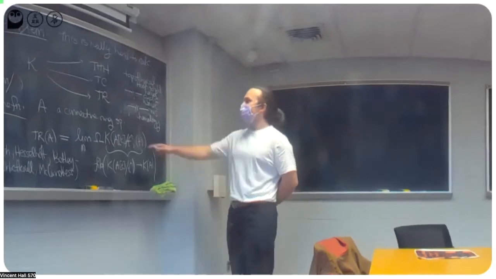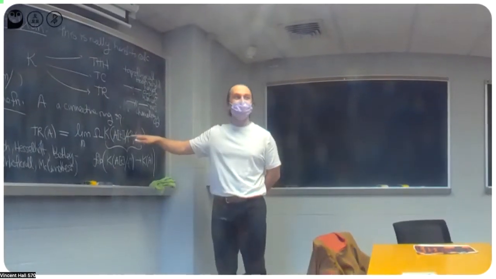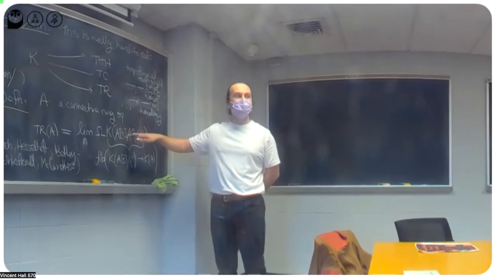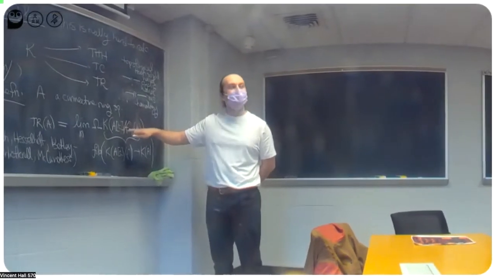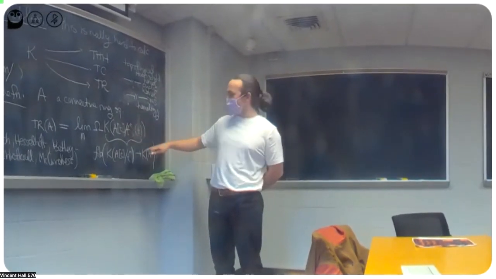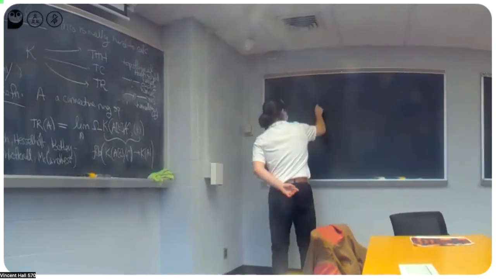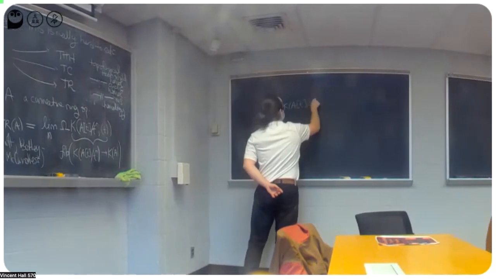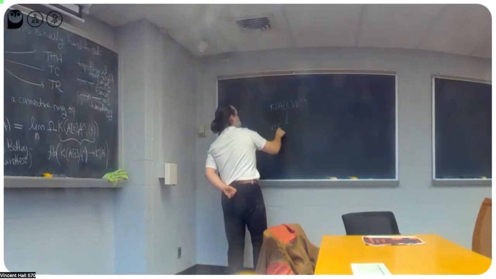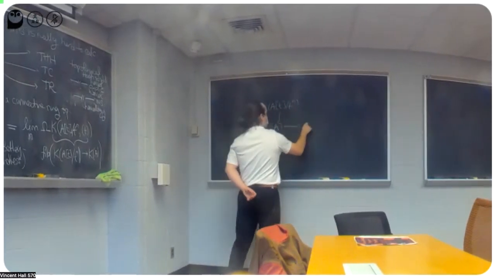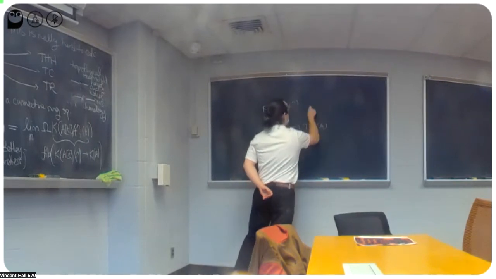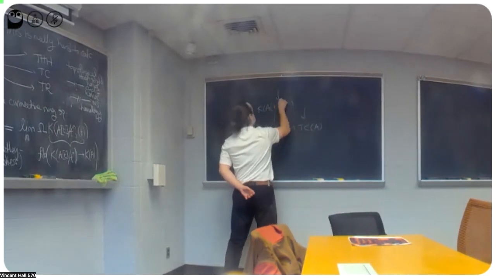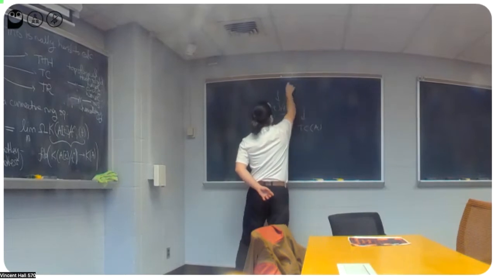Well, I mean, this is the same thing as TC, right? By DGM. Because that's a nilpotent extension. This is a pullback. Take the vertical fibers, they're the same.